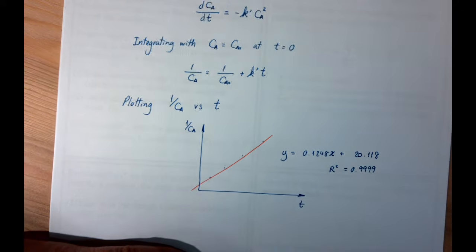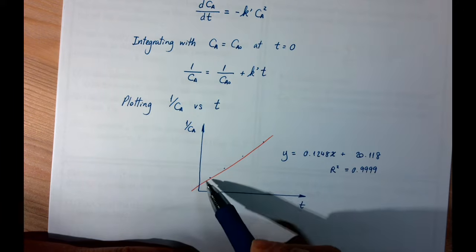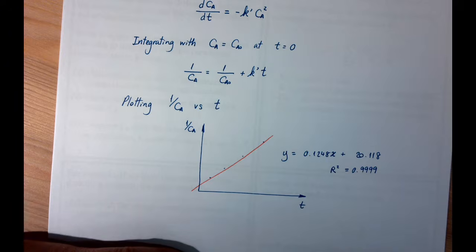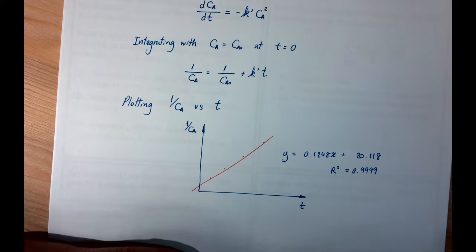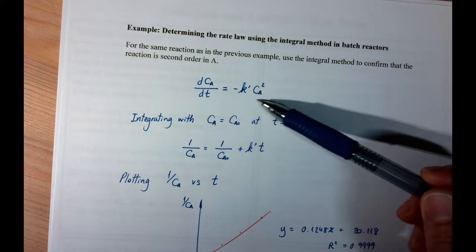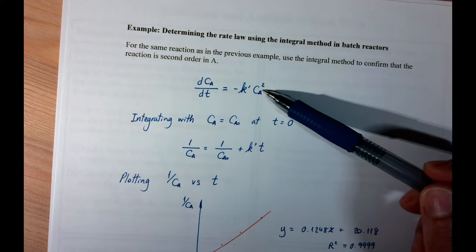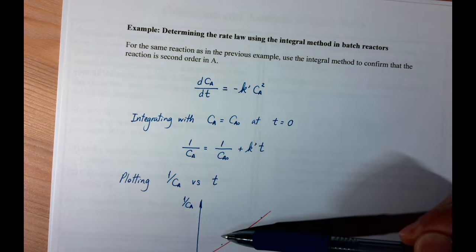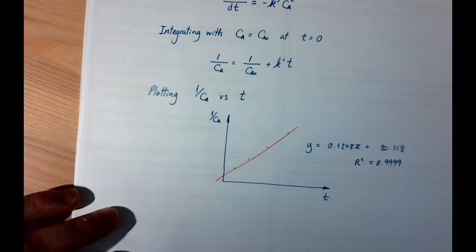So your experimental points do fall on a line. Therefore, you're confirming that way that it is second order because you started with the second order equation and you integrated and then you plotted and they fall on a line.